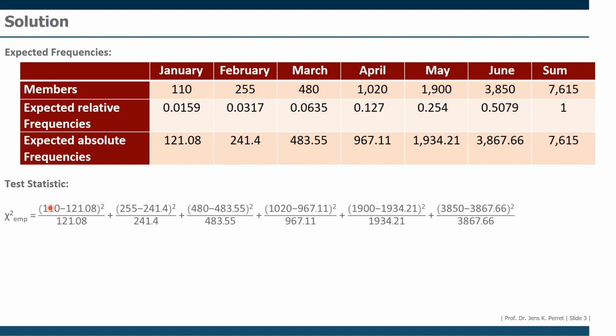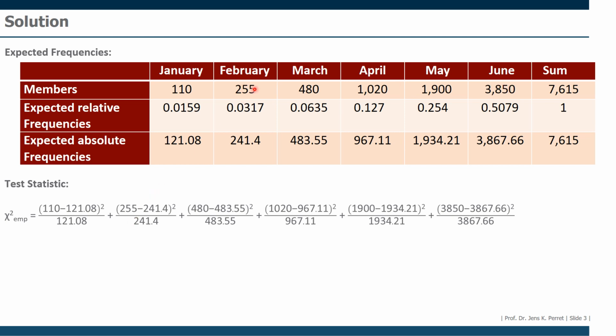Meaning we're going to take the actual frequency, so the 110, we're going to subtract the expected absolute frequency, that's this one, and from this difference we're going to take the square. The square then is divided by the expected frequency. And this is something we're going to do for all of our 6 different months.